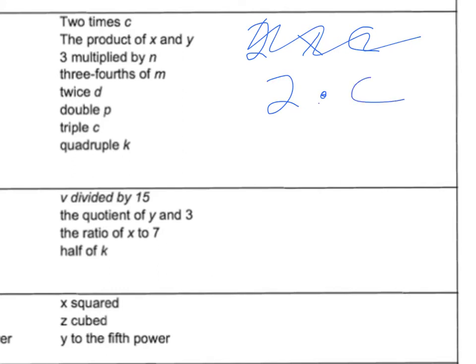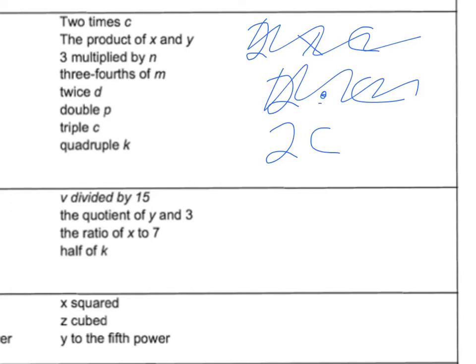We don't really use that much in algebra either, so the way that we prefer to write it is with the number and the letter touching. Anytime you see a number and a letter touching in algebra, that means to multiply them, or if it's two letters up against each other, we multiply as well. So if I was to read this, this would be 2 times c.